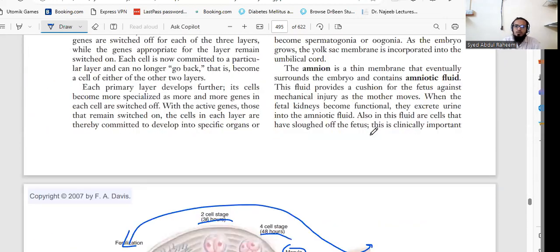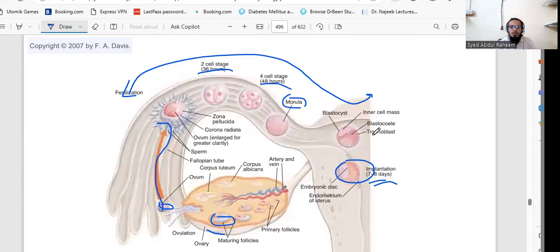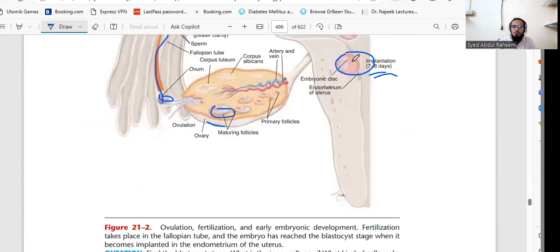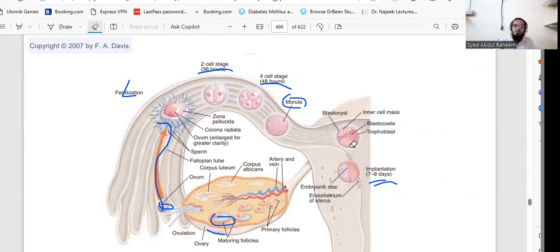So here we have the endometrium. This is the implantation period after the blastocyst stage. The layer of the endometrium of the uterine wall has to be broken, and the cells will enter here. Then the development of the fetus and embryo will happen gradually.